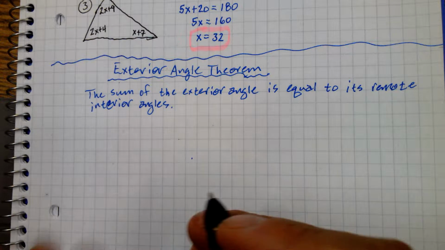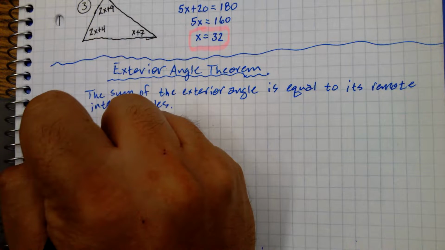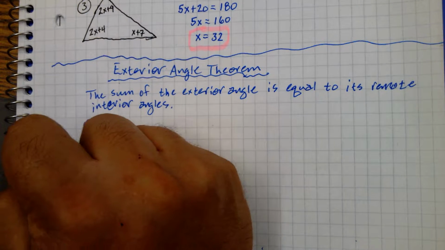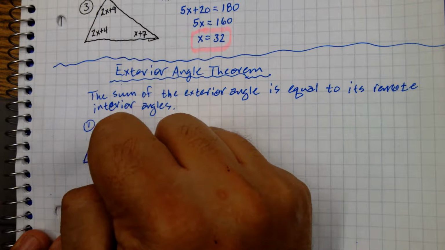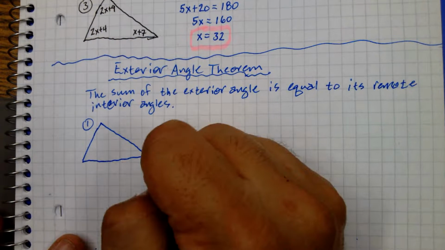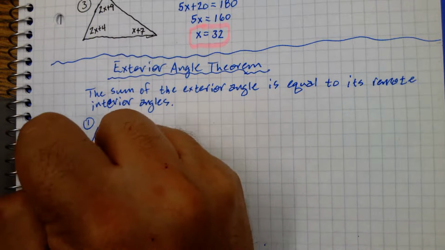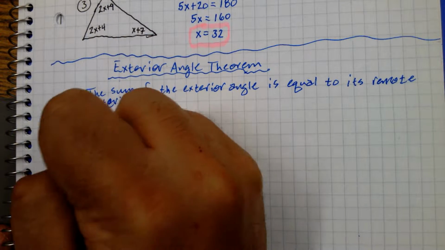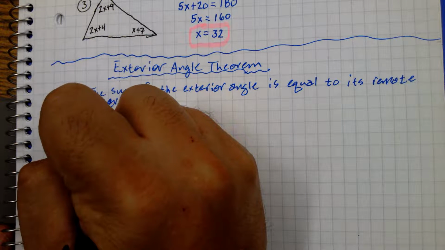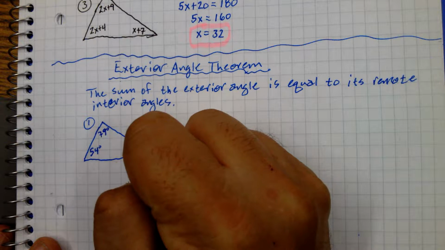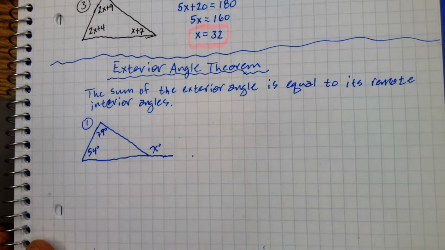So what that means, I'm sorry, we have to do two problems with it. The first one's super easy. What that means is, so if I give you a triangle, something like this, and we extend one of the lines, and I tell you this is 54, and this is 79, and the exterior angle is x, how can I figure out what x is?